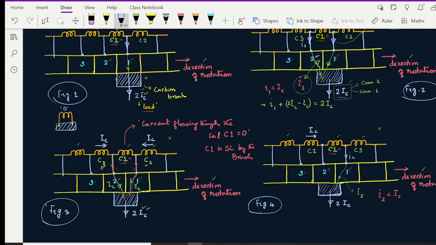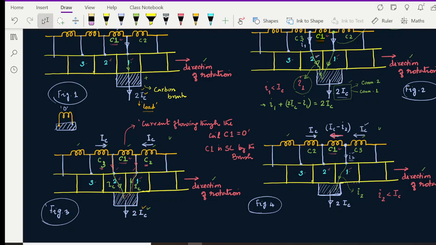If you apply Kirchhoff's current law at this node, you can very well see that the current going towards the commutator segment is I2, and the current in coil C3 is IC, then this must be IC minus I2. But the very important thing to note here is the current direction in C1.